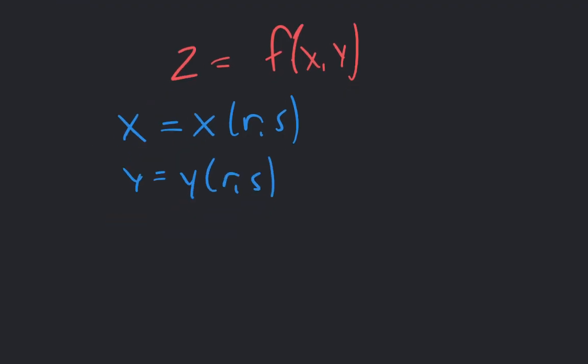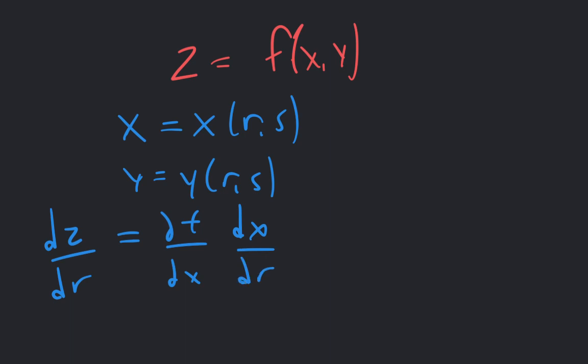So now when we find the derivative of z, we can say dz by dr is equal to the same thing, partial f by partial x times partial x by partial r, and so on. So this would be with respect to r.